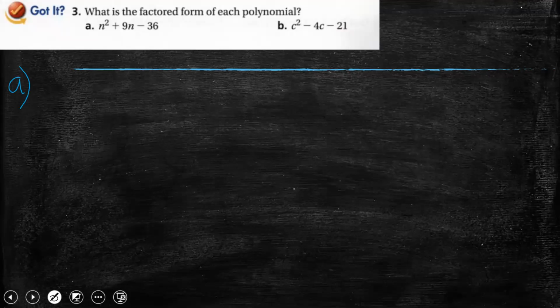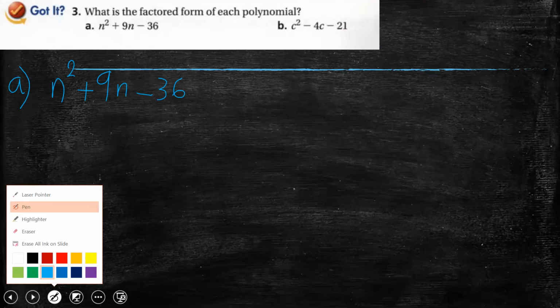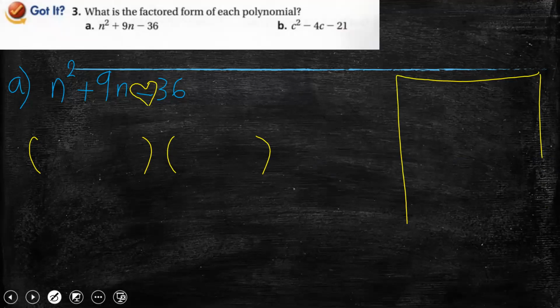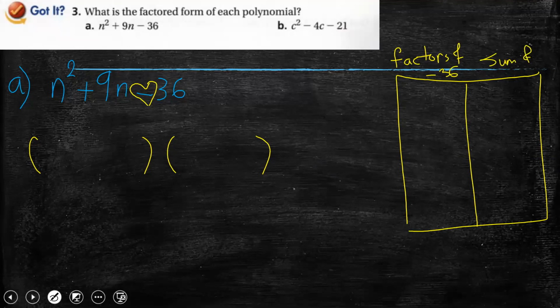As I told you, the first step, I will look at the sign of C. What is the sign of C here? It is negative, so they are different. So I will write the table here, the factors of negative 36 and the summation of factors.